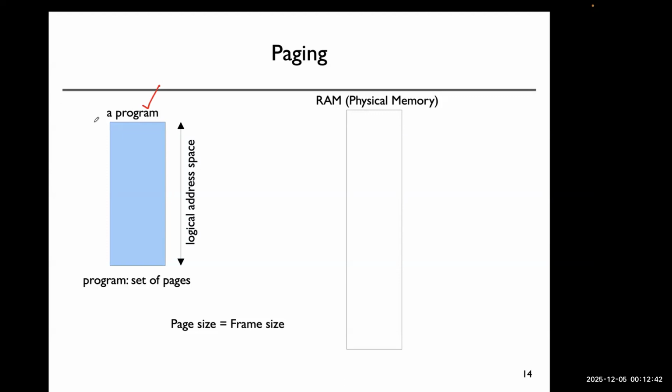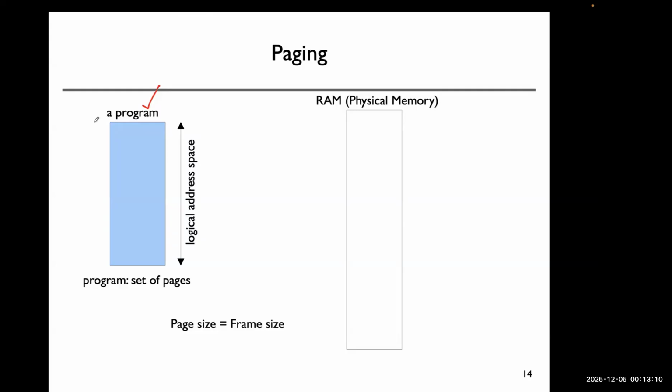For example, let's say I have a program which is of size 4 kilobytes. What does it mean that the program is of size 4 kilobytes? It means that you have written the instructions, and when you convert it into, let's say, assembly, then all of those instructions together occupy 4 kilobytes in the memory, right? So that's why we say that its size is 4 kilobytes.